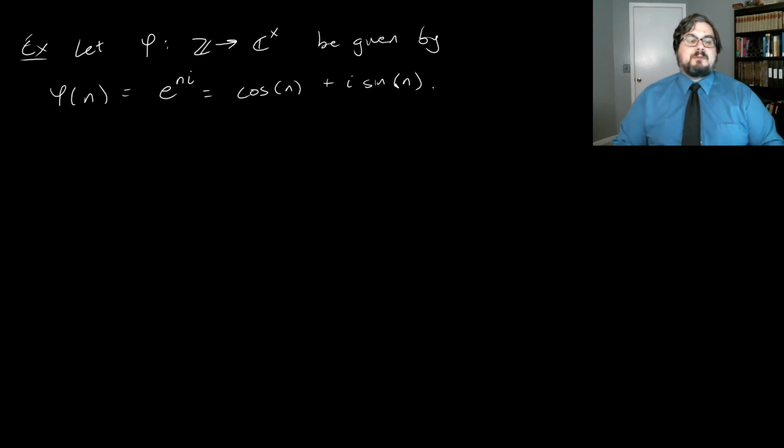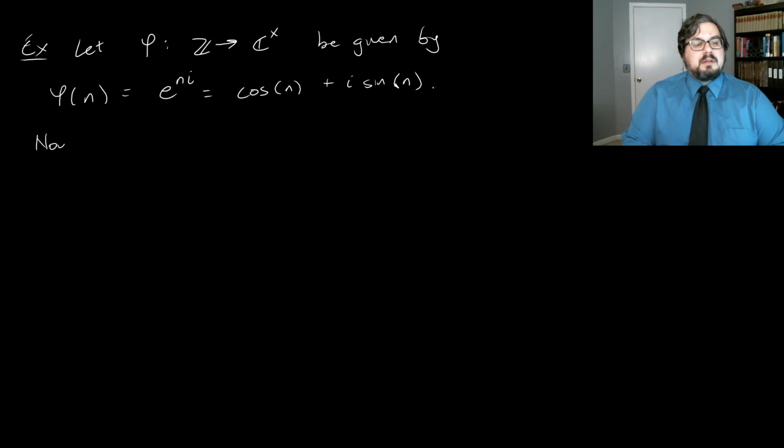If you haven't seen this before, this is a common way of writing down complex numbers in exponential form. And e to the ni is just defined to be cosine of n plus i times sine n, that complex number.